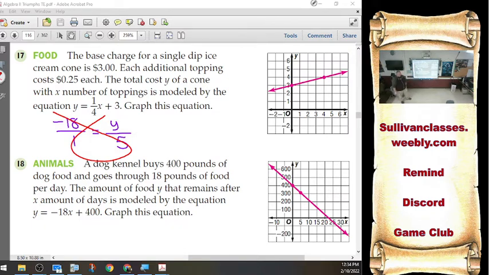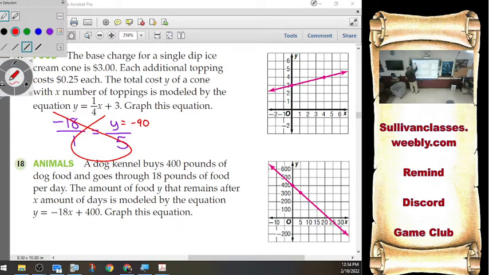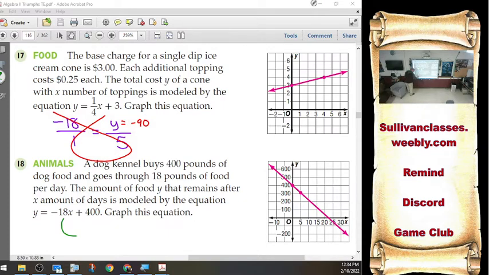What is negative 18 by 5? Negative 90. So what I can do is take this negative 18 and turn it into negative 90 over 5, and that tells me down 90, right 5. A slope is a rate.